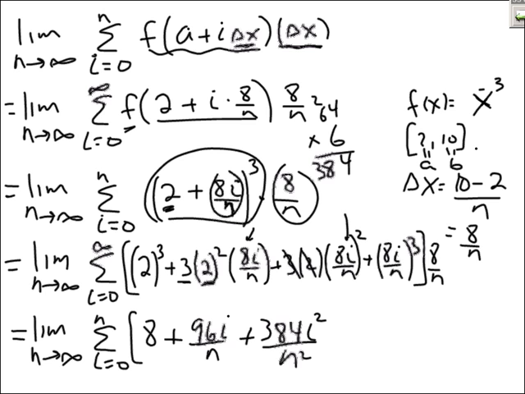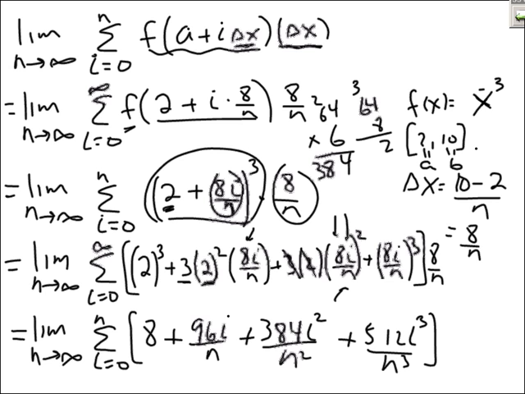The i, the 8, and the n all get squared, plus 8 cubed. 64 times 8 is 512, I think. 512 i cubed over n cubed.